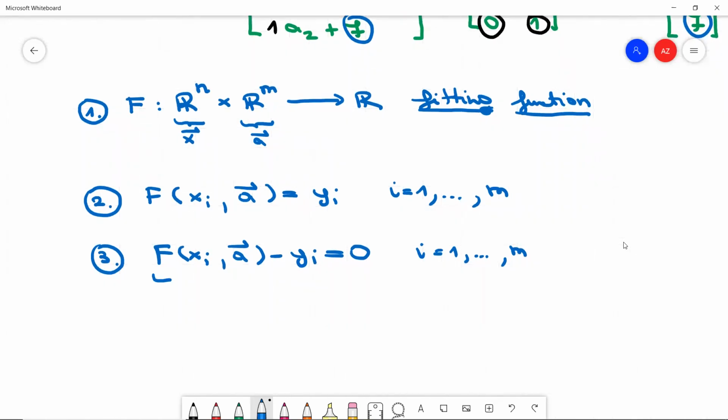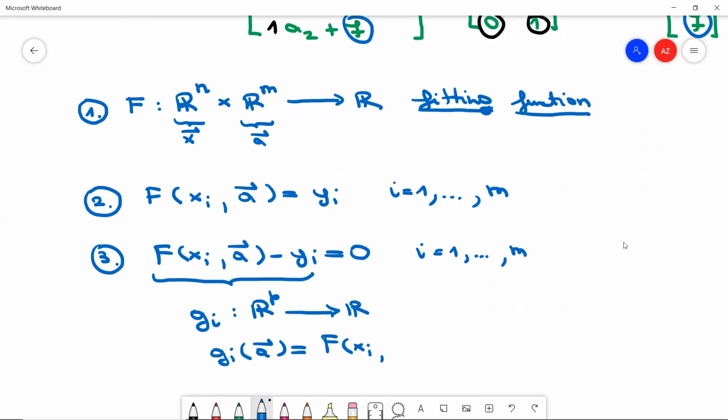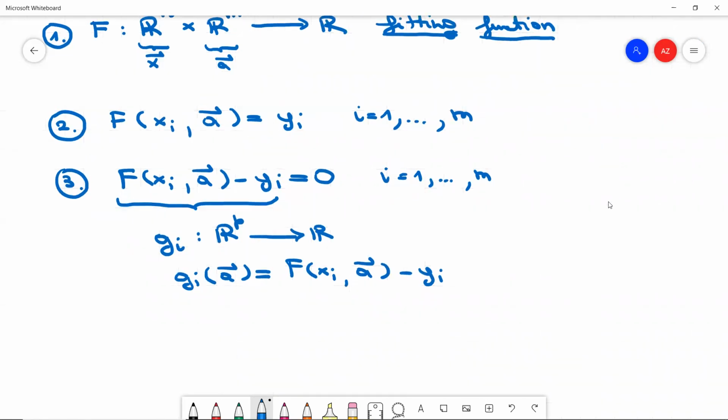And we introduce new functions. So those are left-hand side functions, which we write as gi. So gi, and the unknowns here are only a's. So gi on the vector a is f of xi, a vectorial minus yi.